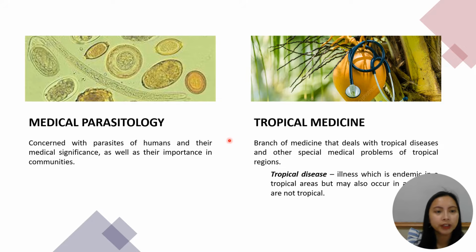There are actually two areas of parasitology. We have medical parasitology and also tropical medicine. Medical parasitology is concerned primarily with the animal parasites of humans and their medical significance, as well as their importance in the human communities.